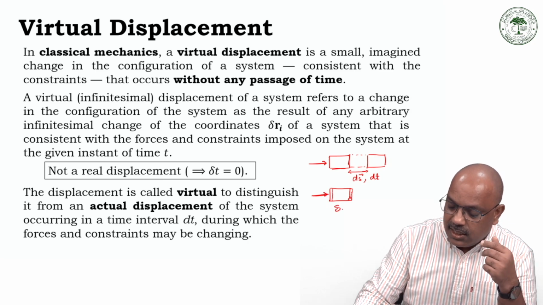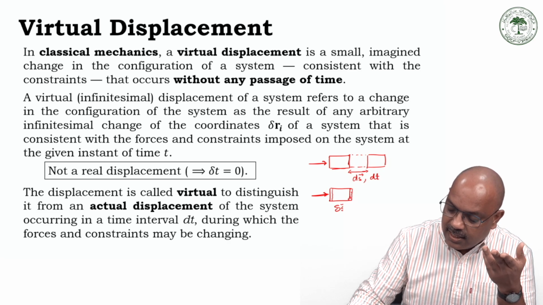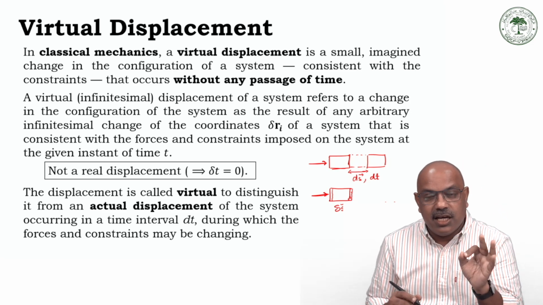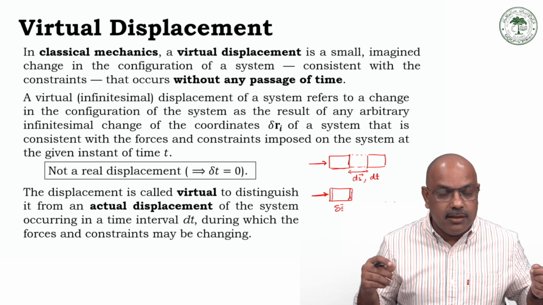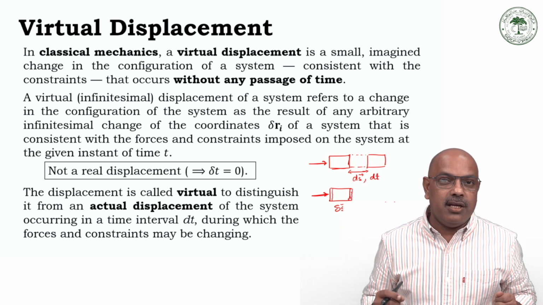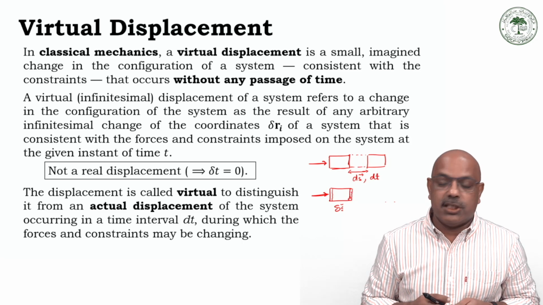That is, this is going to be delta s at any instant. So that means delta t is 0 in this case. That means at that instant, when I am applying the force at that particular moment, an imaginary displacement may take place, that is known as the virtual displacement.